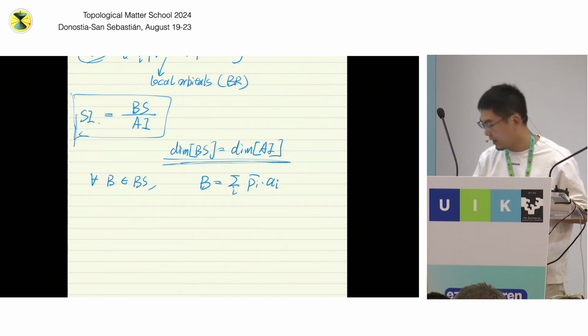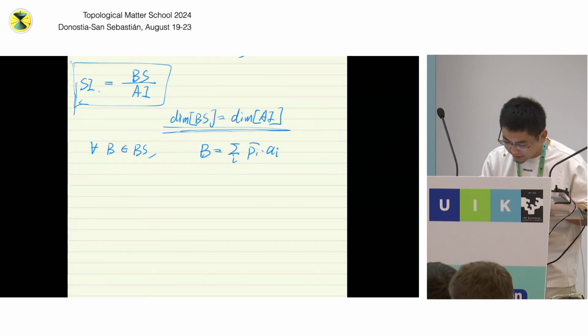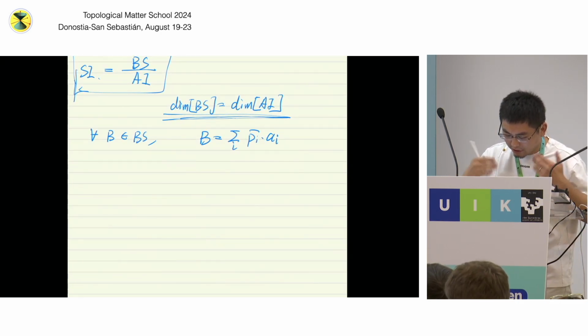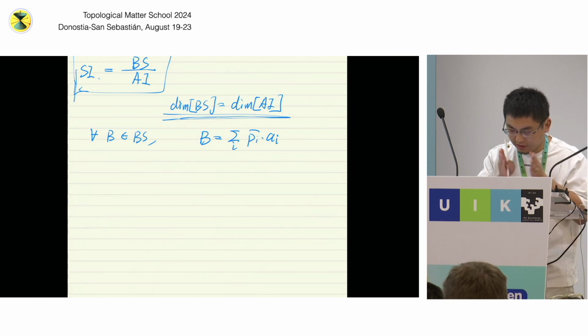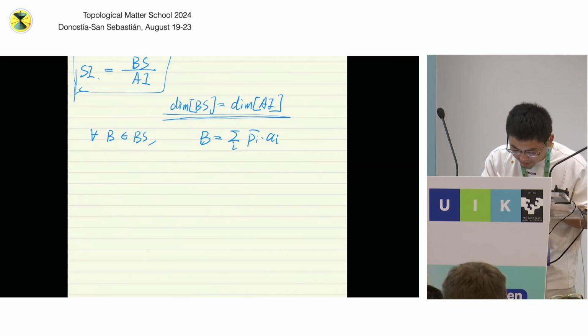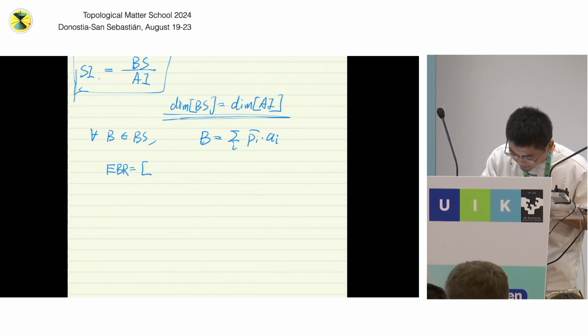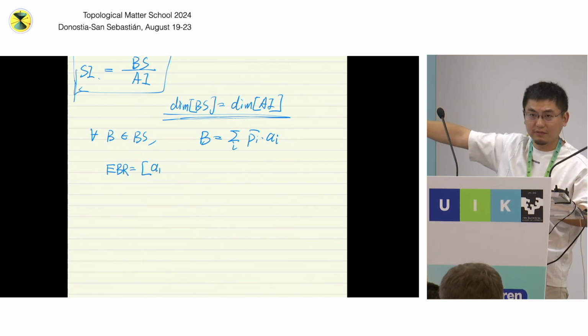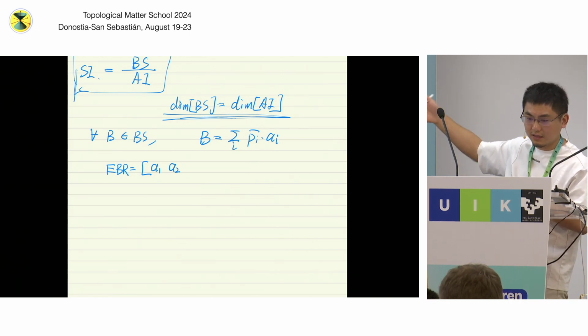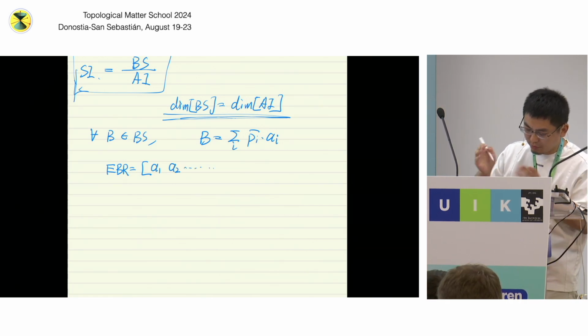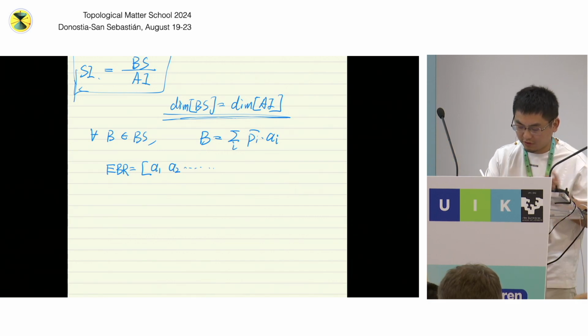Now let me explain how to do it. So imagine that we already have a space group and we collect all the band representations together, and we define an EBR matrix in this way. Its first column is given by some EBR. Its second column is given by another EBR, and we put all the possible EBRs together to form a matrix.